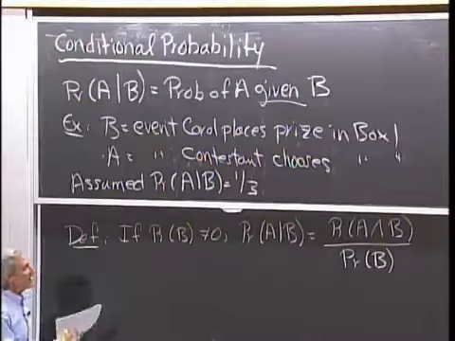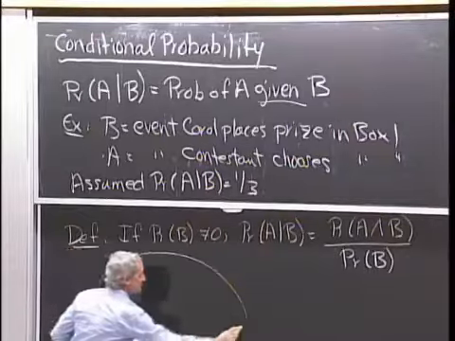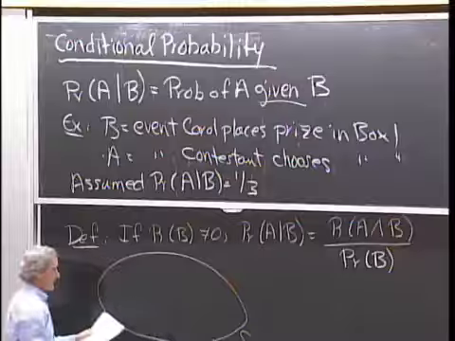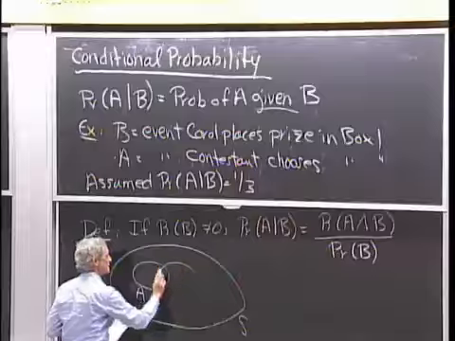And you can see why this makes sense with a picture. Say this is our sample space. And let this be the event A, and this be the event B.